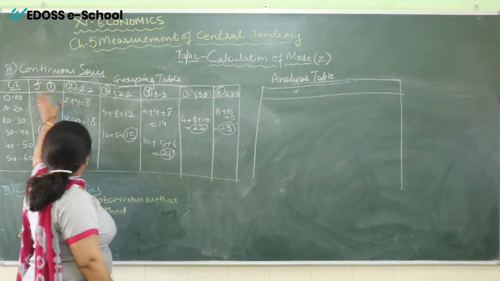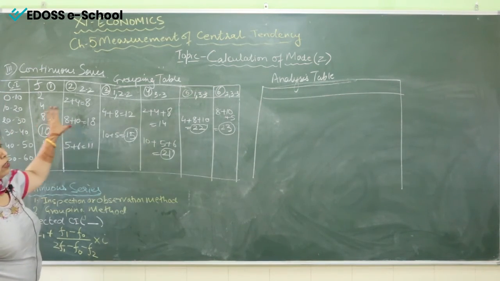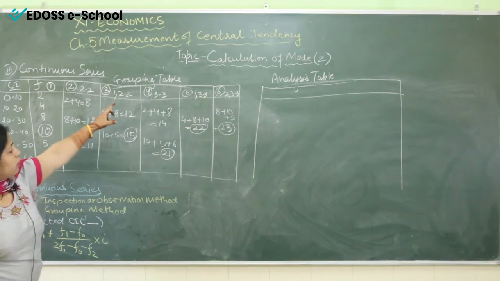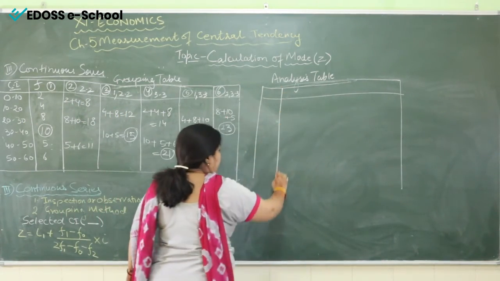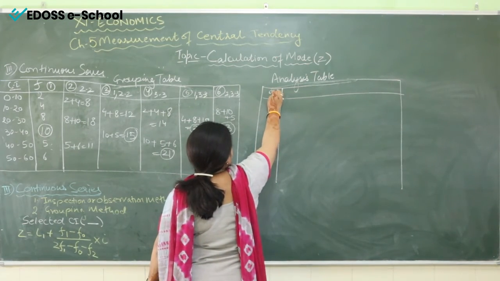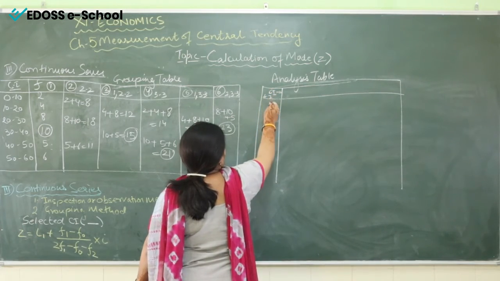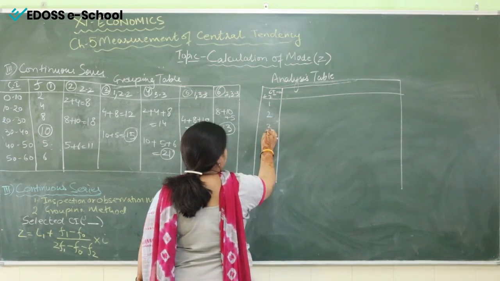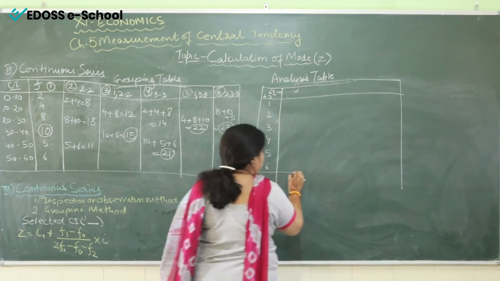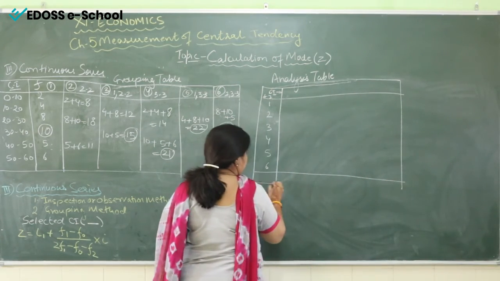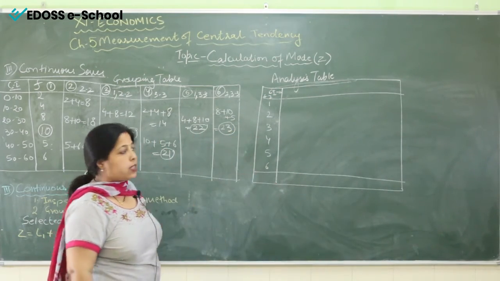In the analysis table, whatever the class interval is written here in the vertical form, we will write it in horizontal, and these frequencies we will write in vertical form. तो सबसे पहले हम एक कॉलम बना लेते हैं. ये आएगी आपकी क्लास इंटरवल्स इधर और फ्रीक्वेंसी इधर. तो फ्रीक्वेंसी के 6 कॉलम्स, 1 2 3 4 5 एंड 6, और नीचे एक कॉलम टोटल के लिए. और यहाँ हम लिखेंगे क्लास इंटरवल्स.